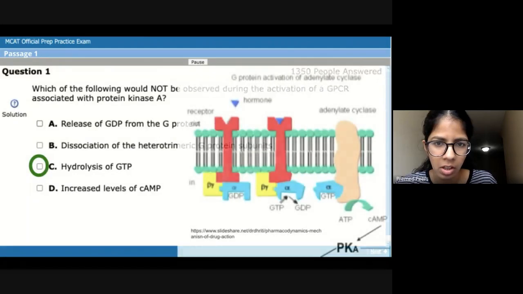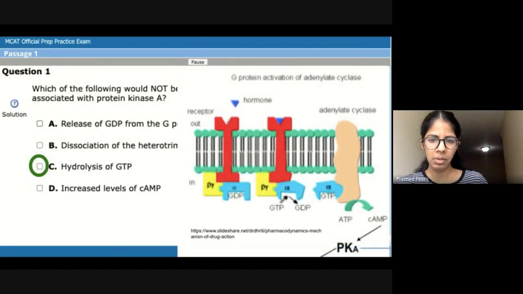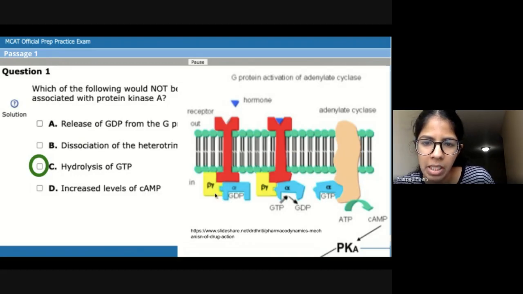So let's look at the mechanism. So once the receptor binds, what happens is that the GDP is released from the G protein because it's exchanged for a GTP. And then here you have the dissociation of the heterotrimer where the alpha unit breaks off to go attach to the adenylyl cyclase.